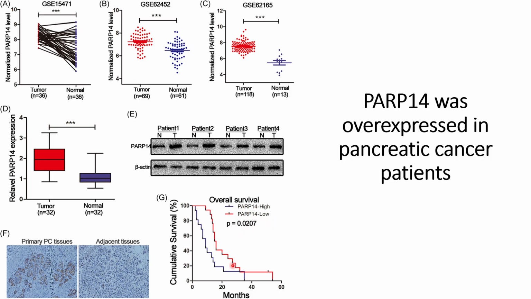So this figure in all makes the point that PARP14 expression might be helping the pancreatic cancer cells to progress more aggressively, and that is the reason patients that have high expression of PARP14 die earlier compared to patients that have low expression.